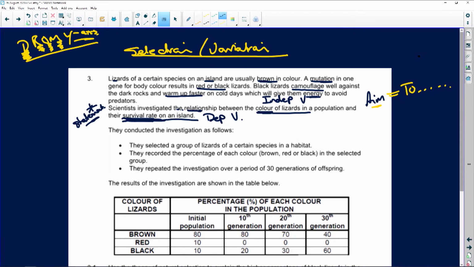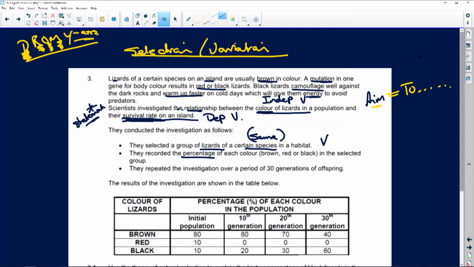Alrighty, now they conducted the investigation as follows. They selected a group of lizards of a certain species. So they are all from the same species, and if they're from the same species, we are talking to the validity of the experiment, which is good. They recorded the percentage of each color in the selected group.